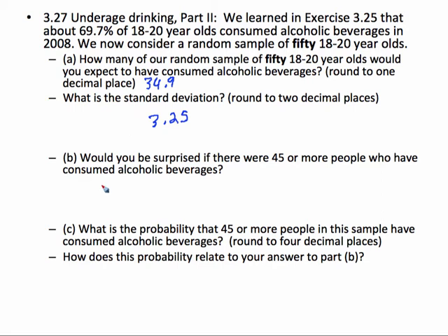Now why? Because we know by the 68, 95, 99.7 rule, or the empirical rule, that most of our data in an approximately normal distribution should reside within 2 standard deviations of the mean, 95% of it. If you're more than 2 standard deviations above or below the mean, then you're probably an unusual event.